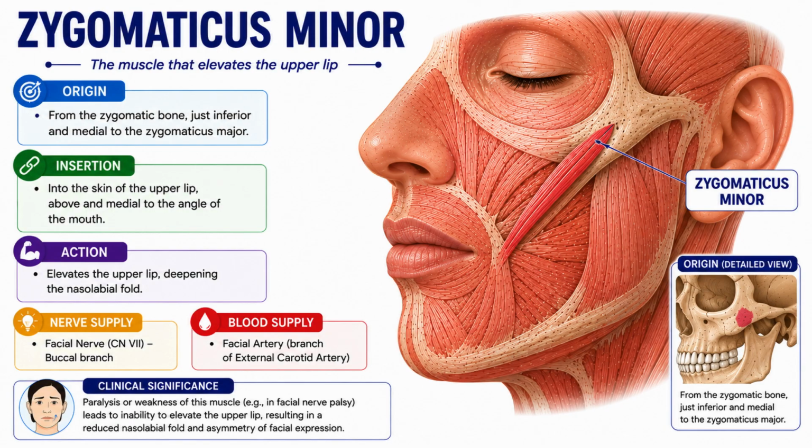It also elevates the upper lip and deepens the nasolabial fold in the lateral part of the nose. It gets its nerve supply from the facial nerve, especially from the buccal branch, and blood supply from the facial artery. It also has the same clinical significance. Any paralysis or weakness leads to the loss of nasolabial fold and a decreased facial expression.